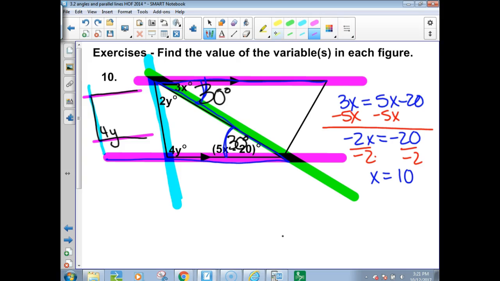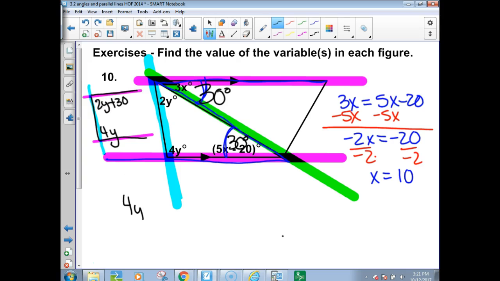All right, and then up in the corner, look what we got. We have 2y and 30 up here in this big corner. What do those angles add up to here and here? That's the same side supplementary. They add up to 180.